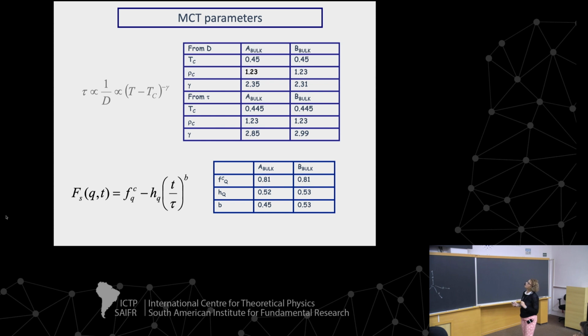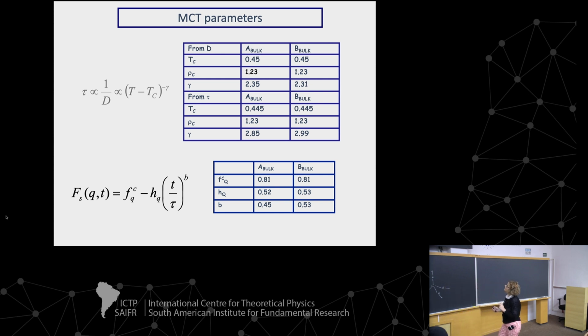If we look at B, same temperature, because you see, mode coupling predicts that these exponents should be the same for both the A and B particle. So if you have a mixture, and this mixture is undergoing the glass transition, then the parameters have to be the same for both species, they cannot be different.